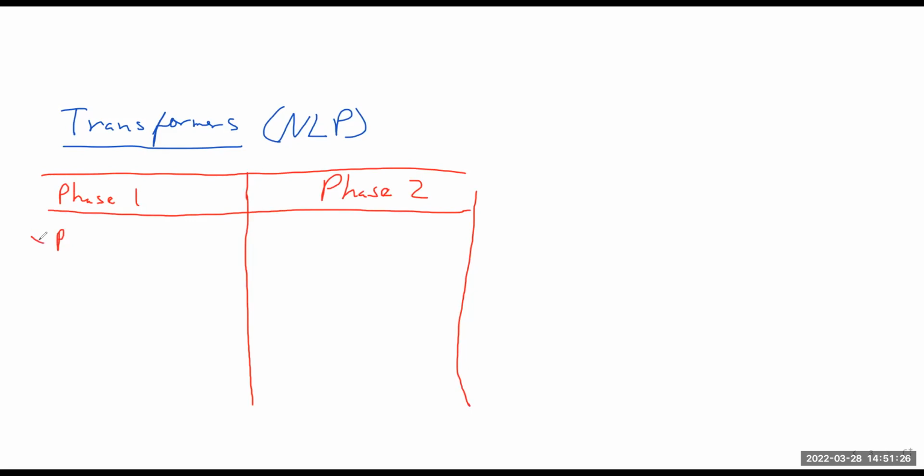Pre-training. If pre-training is one phase, what is the second phase? Fine tuning. Fine tuning, right?